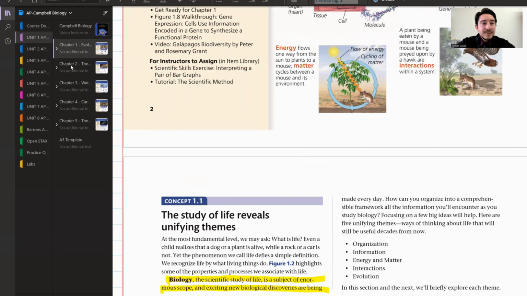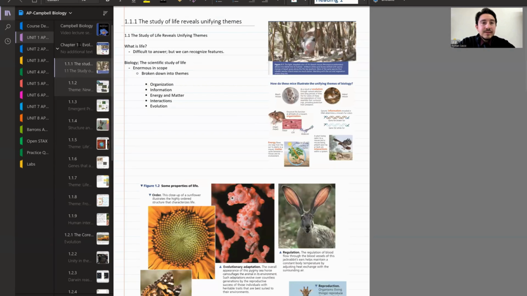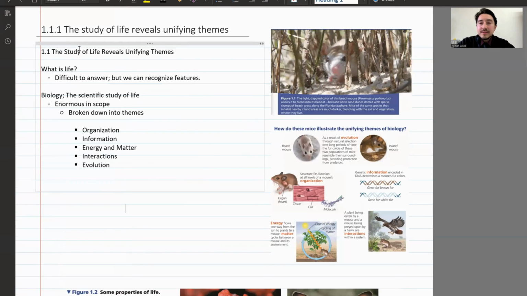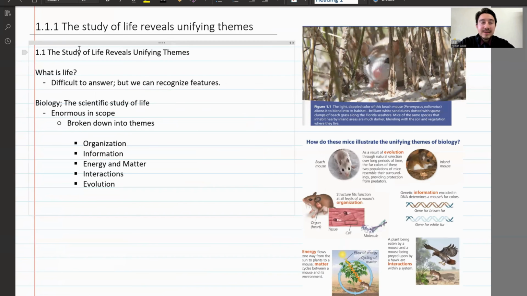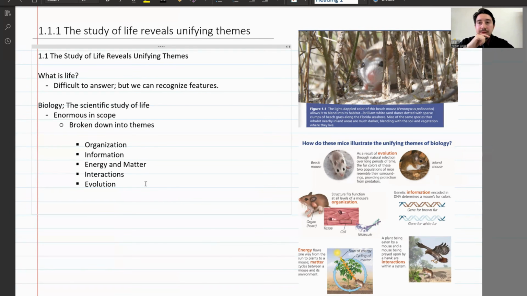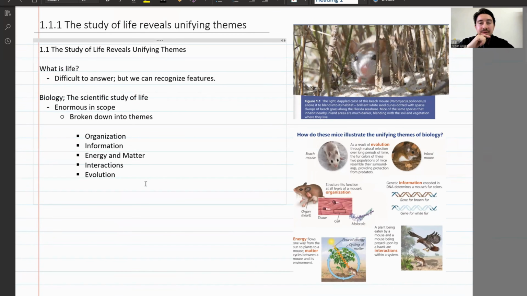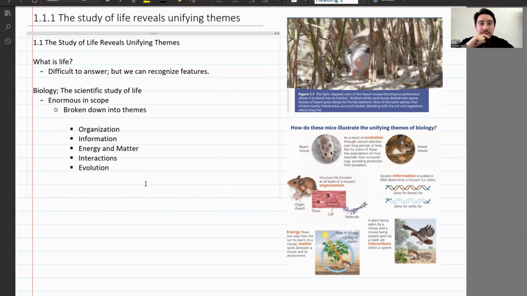Okay, so we get into section 1.1 that I'm going to break down. Concept one: the study of life reveals unifying themes. Okay, it's a little difficult to fully answer, right?